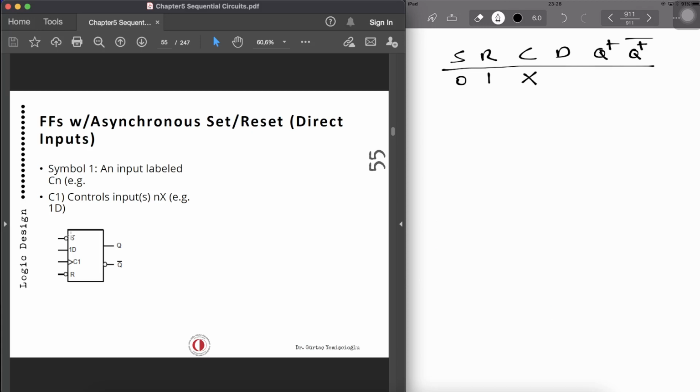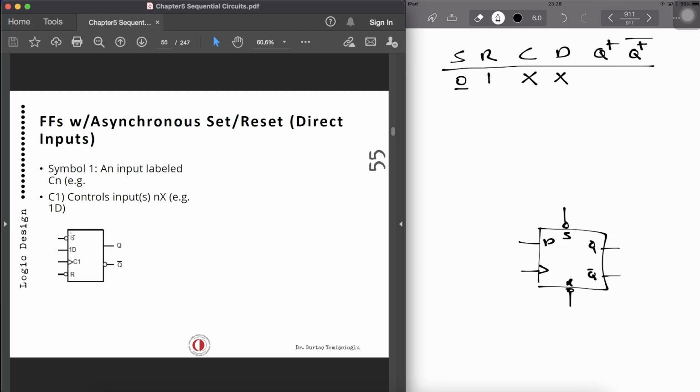No matter what's happening with the clock and data input, as these are active low, set is activated. Maybe I can draw the symbol here. This looks like S, bubble, reset, bubble, active low. Then we have got clock, and we have got data input D, Q, and Q prime. That's how it looks like.